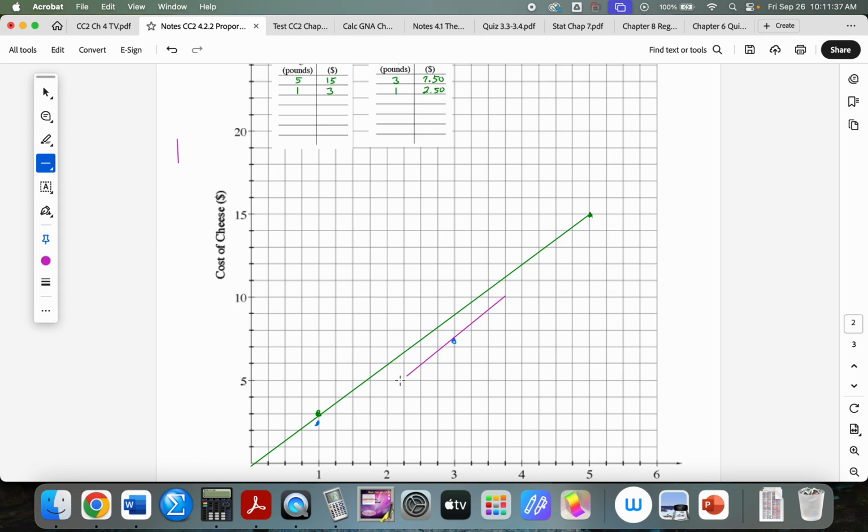So I'm going to use that to draw my line. Oh, hang on a second. Didn't have it in the right place. So it looks something like that.